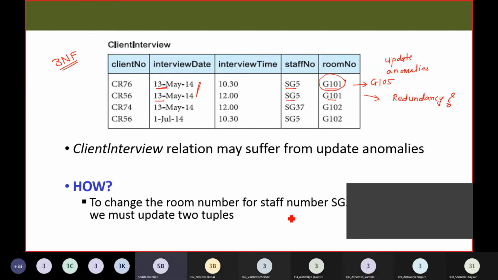So what I want to convey is, though this relation is in 3NF, third normal form, it may suffer from update anomalies. Even though the relation is in third normal form, we may have some redundancies still present.